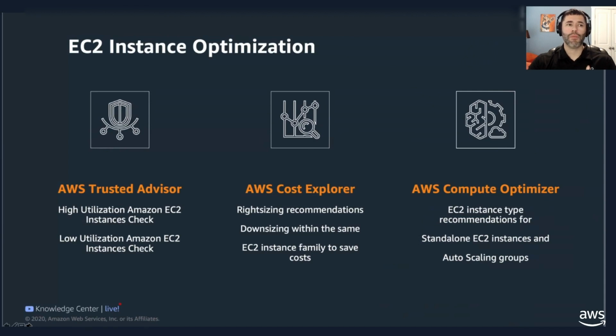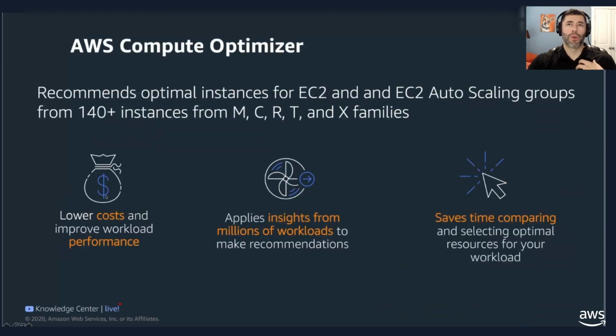So it's going to help you by looking at those memory metrics to get a better overall view of what instance type it should recommend, right? So you can go to instances from the M to C to R to T and X families of those instances.